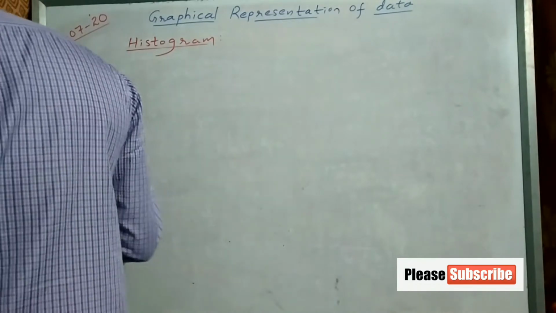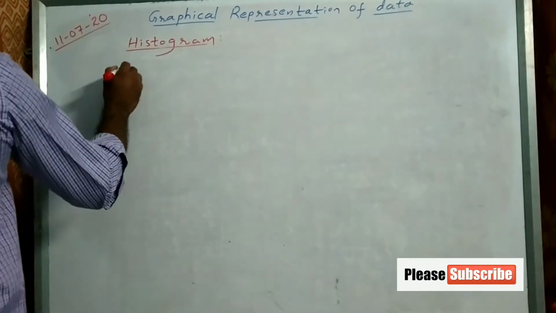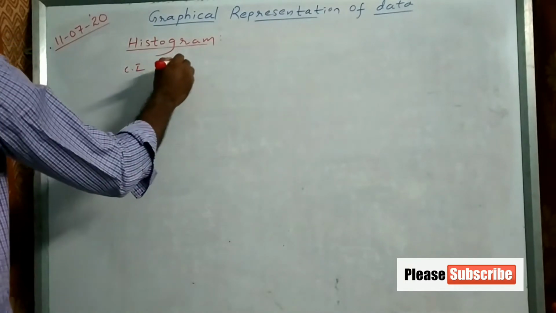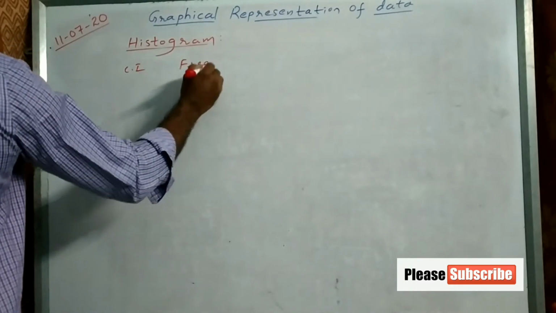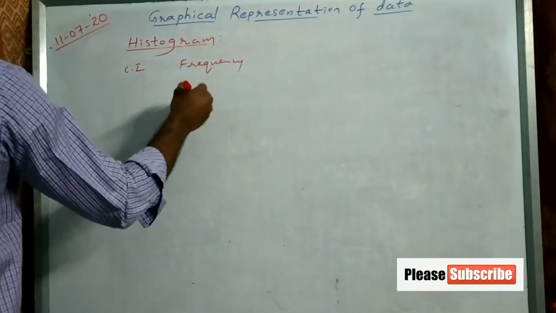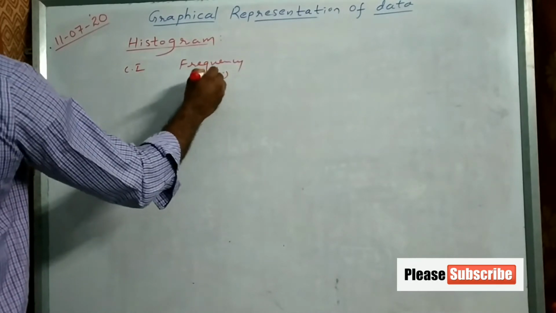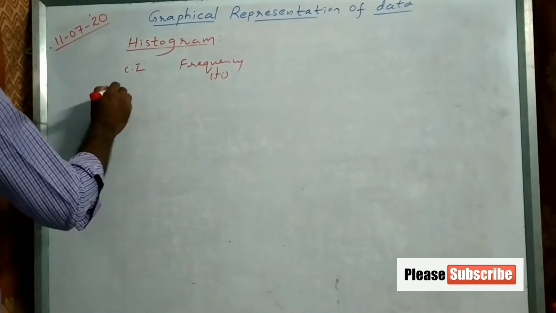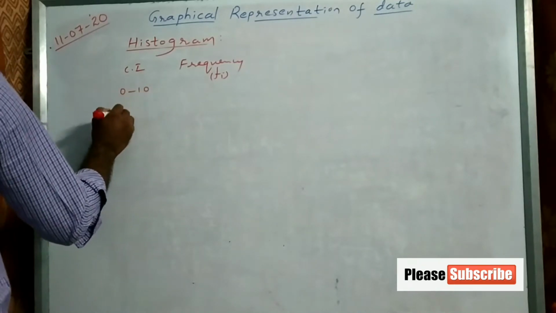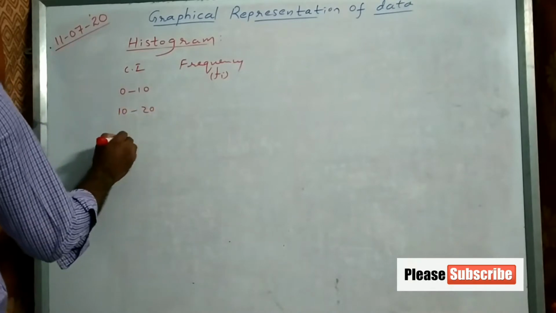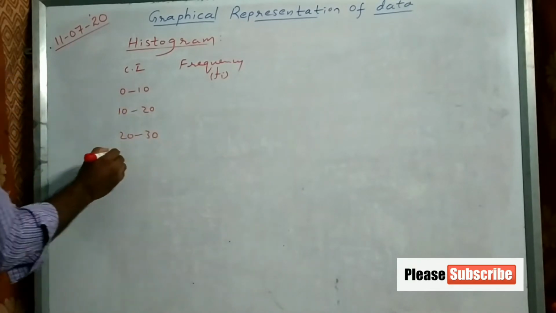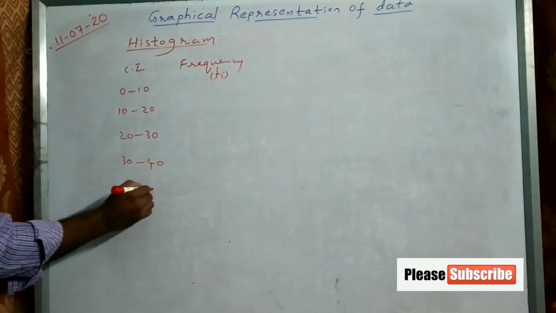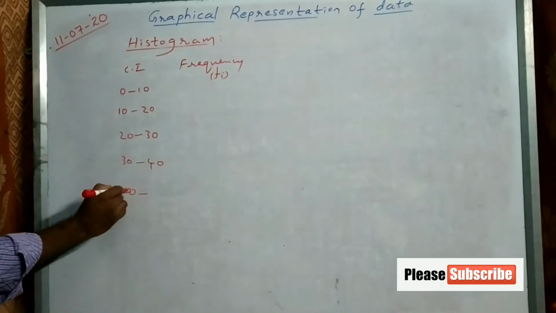For example, one data I am taking here, class interval and frequency. Frequency, I told you, is denoted by Fi. So the class intervals are like this: 0 to 10, 10 to 20, 20 to 30, 30 to 40, 40 to 50.